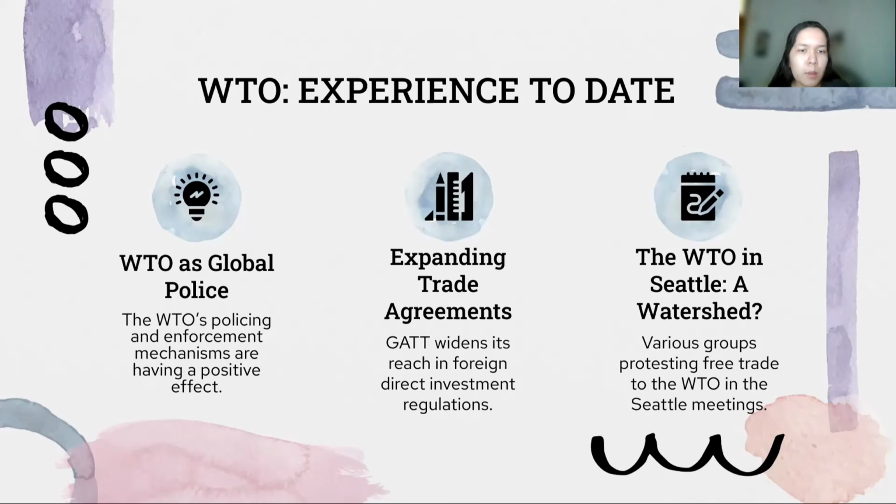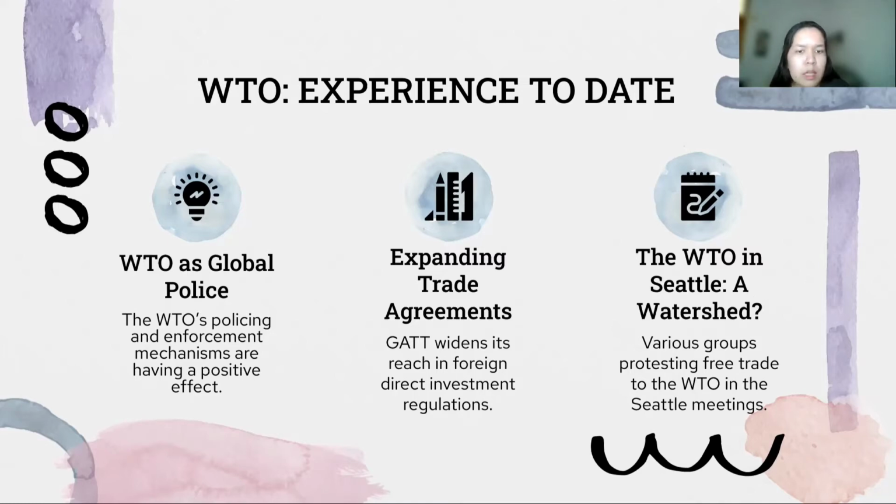The next point is WTO experience today. The first one is WTO as global police. The WTO's policing and enforcement mechanisms are having a positive effect, and many countries have adopted the WTO's recommendations. Countries using the WTO represents an important vote of confidence in the organization's dispute resolution procedures.